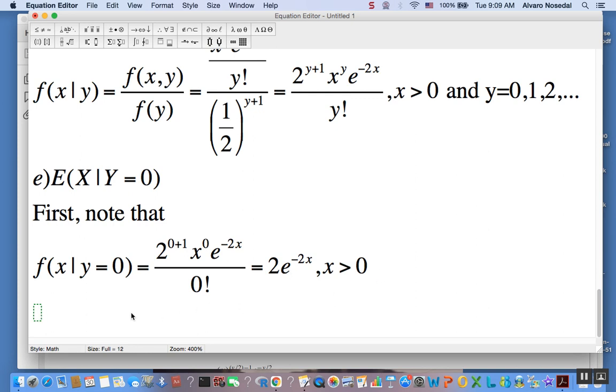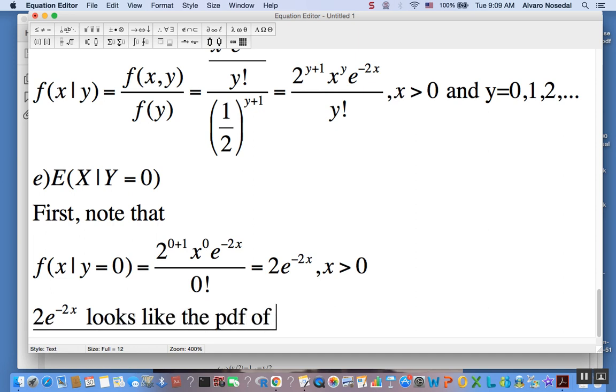So let me just say that. It looks like the PDF of an exponential with parameter beta equals 1/2.